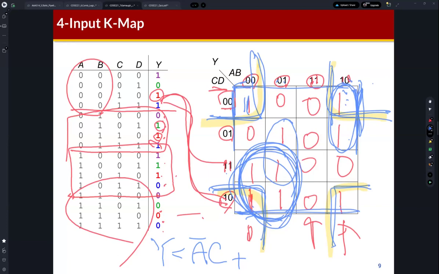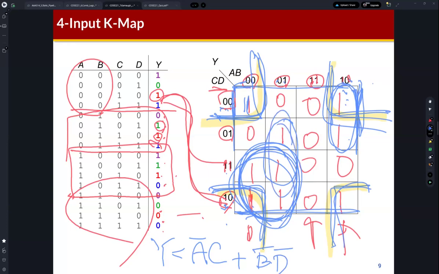In this circle, C is 0 and 1, so we can remove C, but D is 0. So what is the equation of this circle? It's B bar and D bar, right?